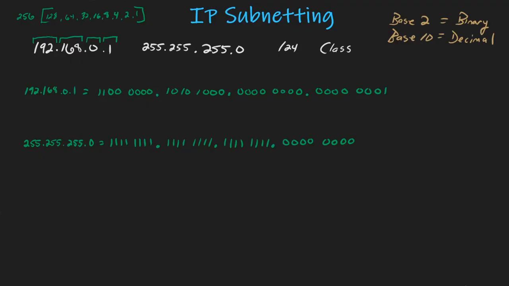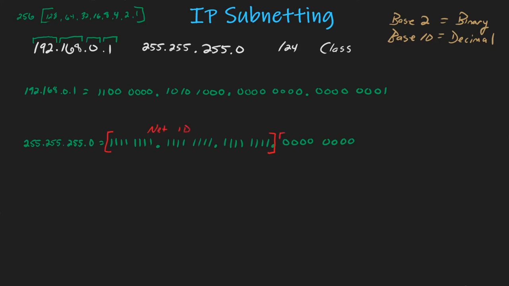A 1 in the subnet mask indicates that that bit is representing the network ID. A 0 indicates that it is representing a host address. So let's go ahead and we'll mark this. So in this case, it's easy because the first 3 octets are representing the network ID.